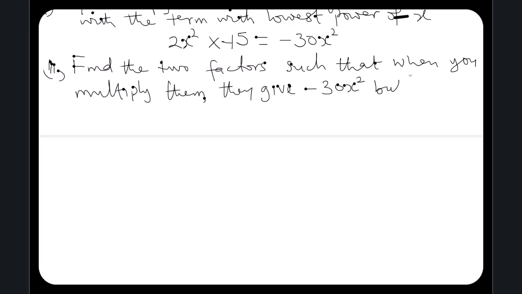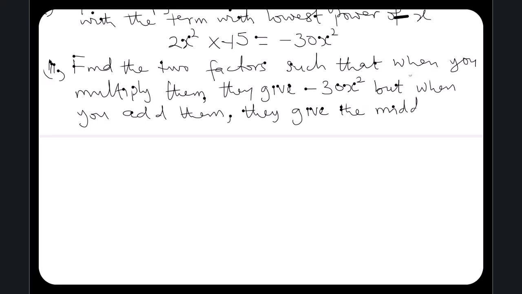But when you add them, they give the middle term, which is 7x in this case.